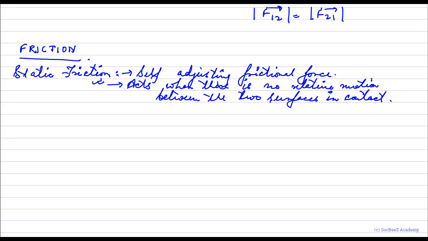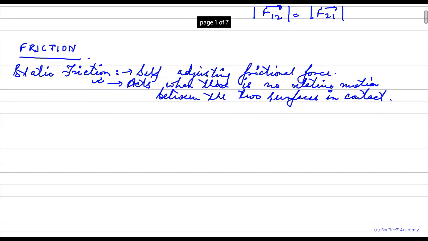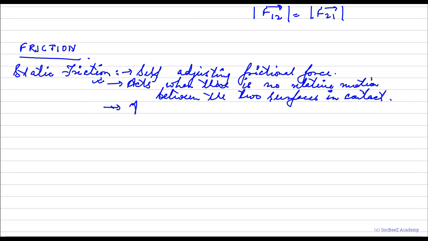And it attains its maximum value when there is a relative motion which is about to begin. So it attains its maximum value, which is equal to mu s into n, where mu s is the coefficient of static friction between the two surfaces and n is the normal reaction between the two surfaces.